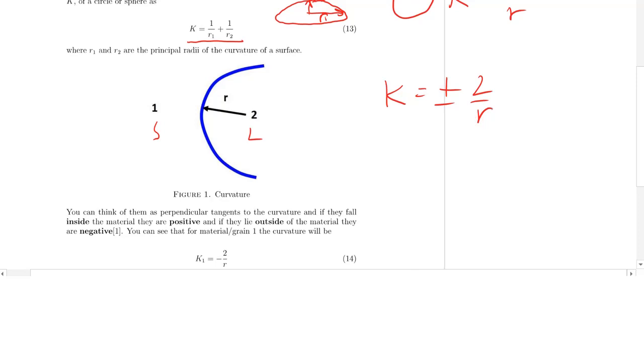What's another way we can think about or talk about curvature mathematically? If I have a function y of x, how do I tell if this has a positive or negative curvature?